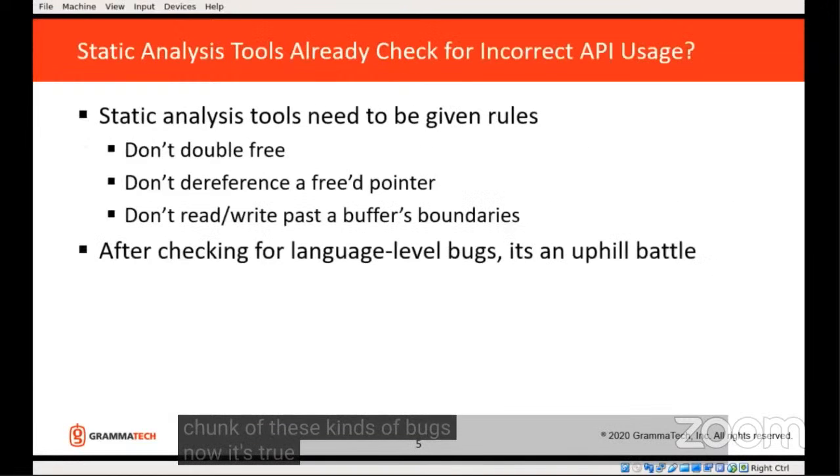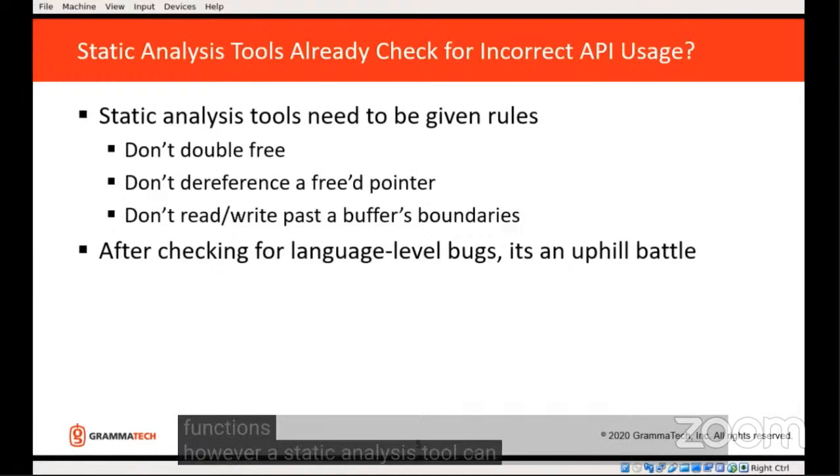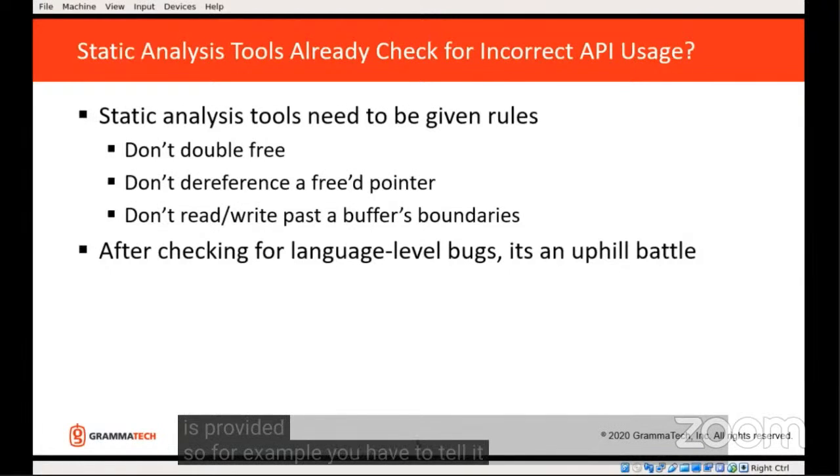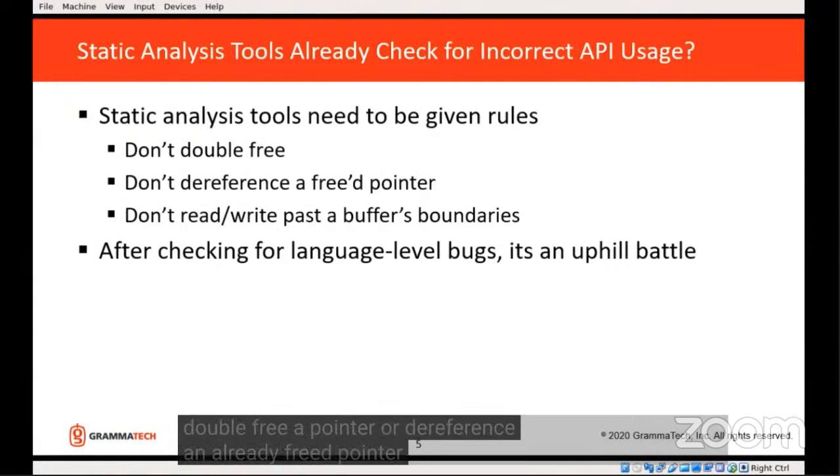Now, it's true that static analysis tools can already find incorrect usage of API functions. However, a static analysis tool can only check for violations of the rules that it is provided. So, for example, you tell it that you shouldn't double free a pointer or dereference an already freed pointer, or read or write past a buffer's boundaries.